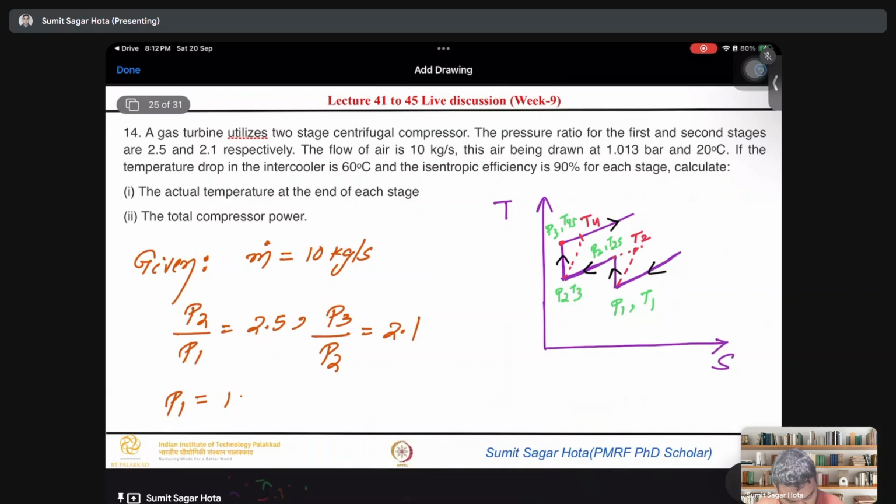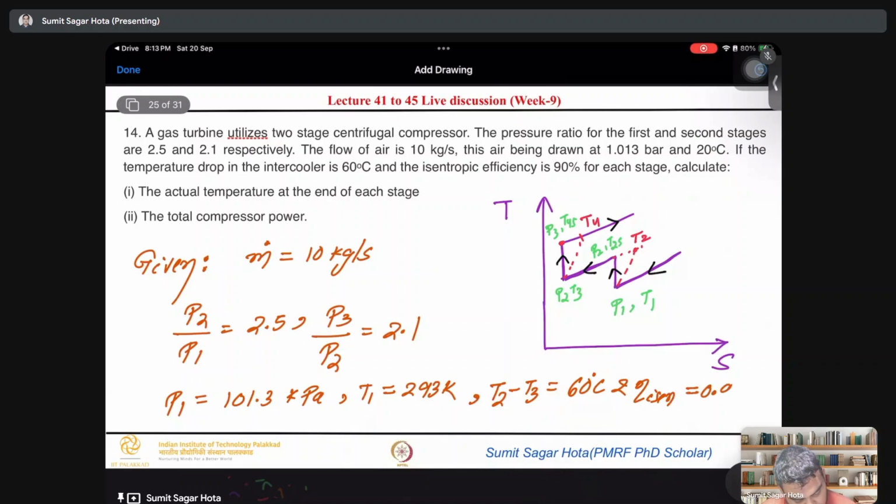P1 is 101.3 kilopascal. T1 is 293 Kelvin. T2 minus T3 is 60 degrees Celsius, and the isentropic efficiency will be 0.9.